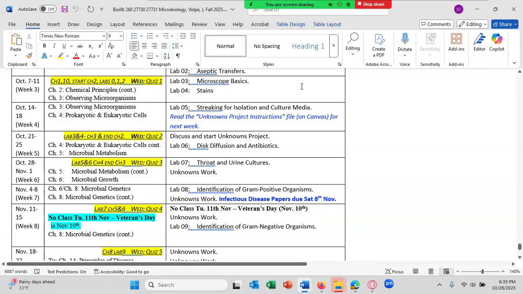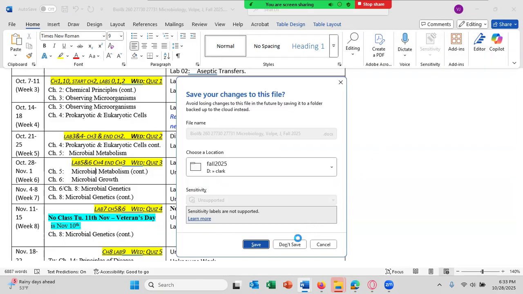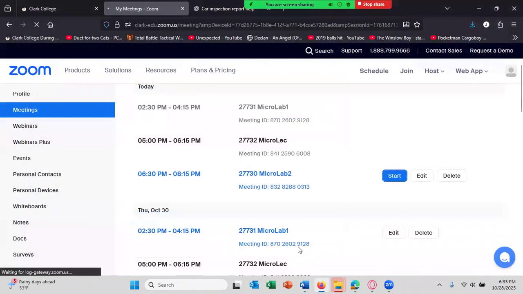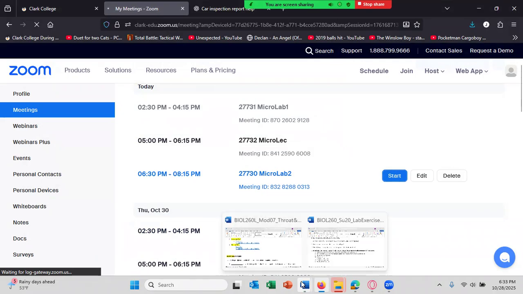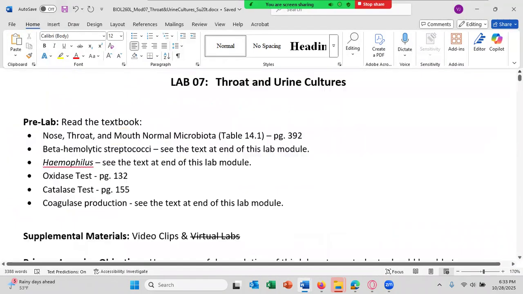All right, let's move on. Lab 7, throat and urine cultures. There's a little bit to read. A page on nose, throat, and mouth normal microbiota.